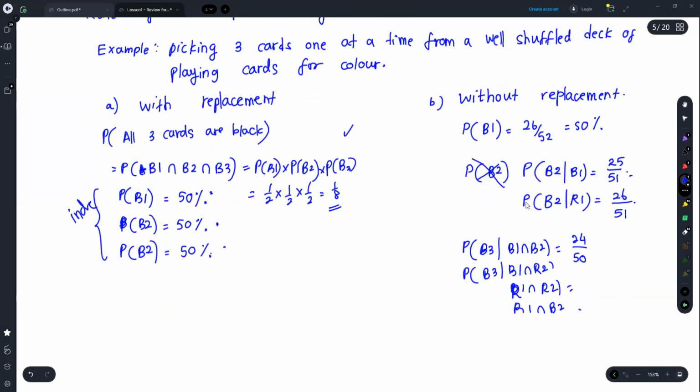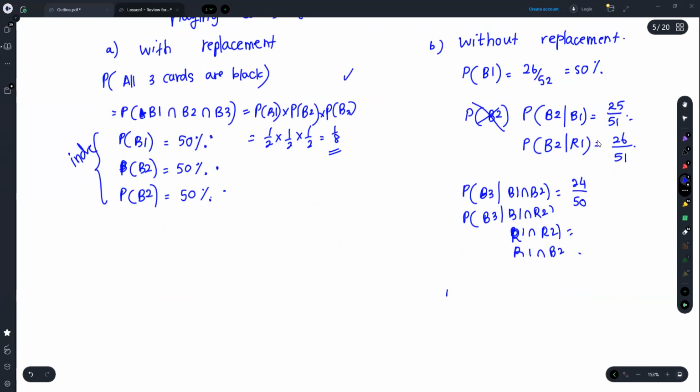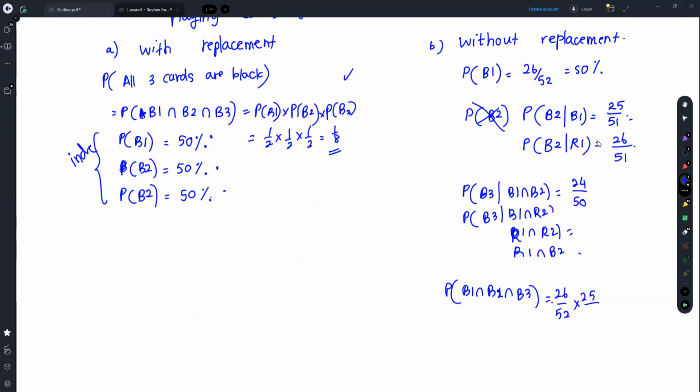So if you do it without replacement, the probability that all 3 cards are black will be 26 over 52, 25 over 51 and 24 over 50. So that probability is going to be different from the previous one, right?